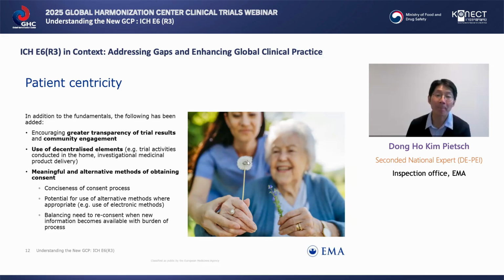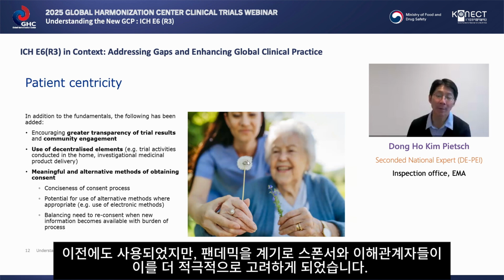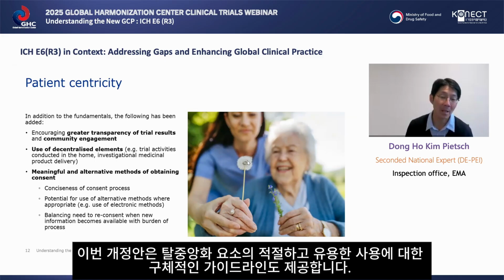They have been used before, but I think this has put them more at the forefront for sponsors and stakeholders thinking about how to use them. And I think the rewrite also provides more guidance on where the use of decentralized elements is considered useful and appropriate.